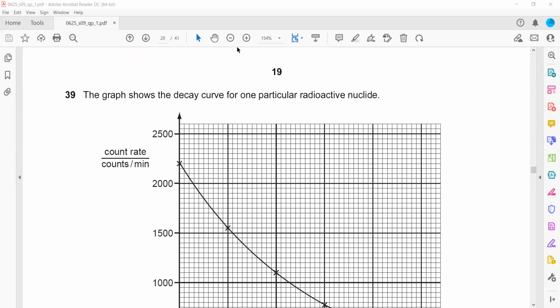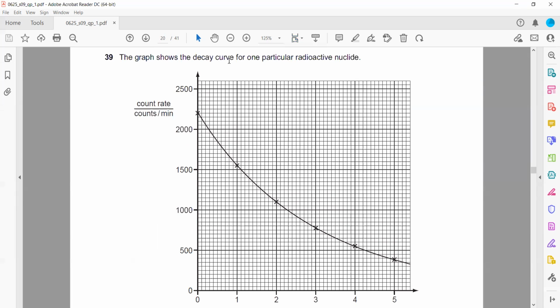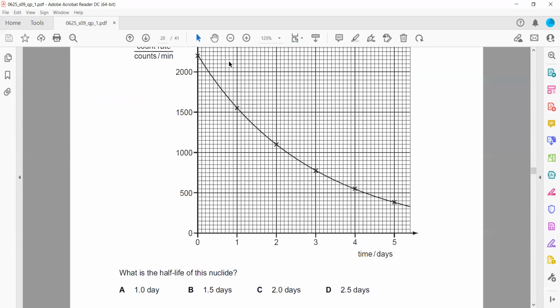The graph shows a decay curve for one particular radioactive nuclide. What is the half-life? You can take any value. Half-life means the time taken by half of the radioactive sample to decay. So I can take any value. For example, I can take 2000 as my first value.